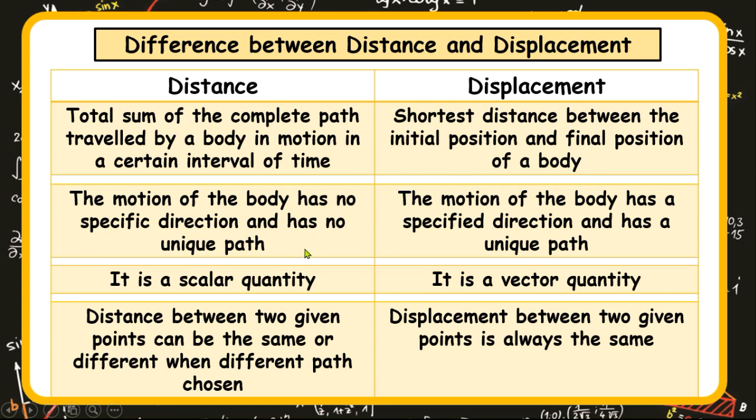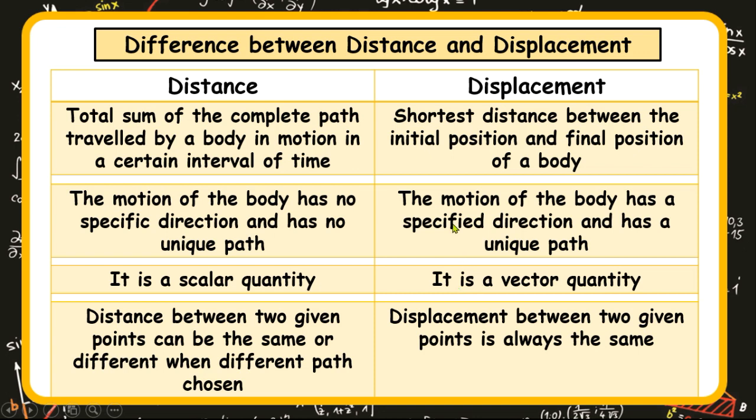The second difference is, for distance, the motion of the body has no specific and no unique designated path. You could take any other path to it, even though there is an initial point and a final point. You could go through so many routes to get to your destination.